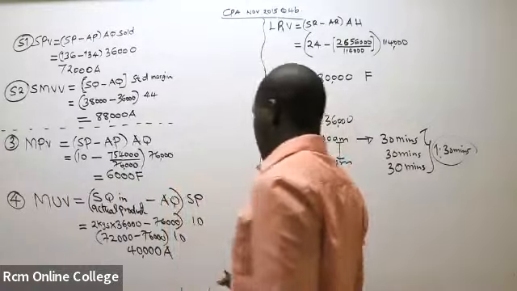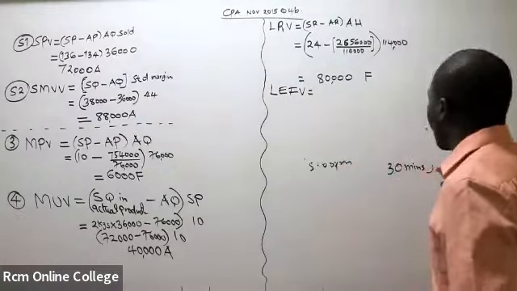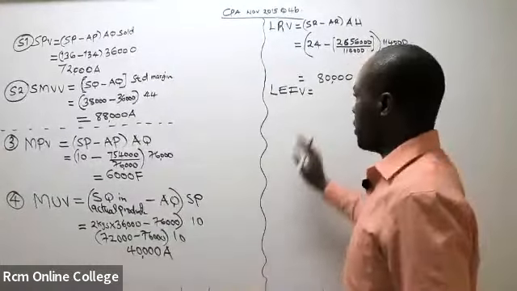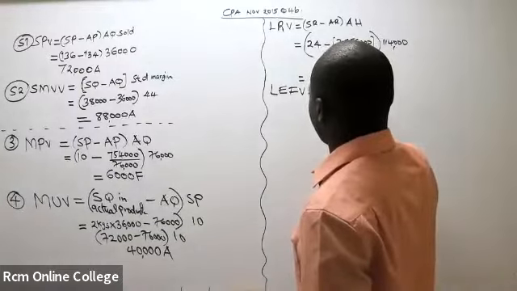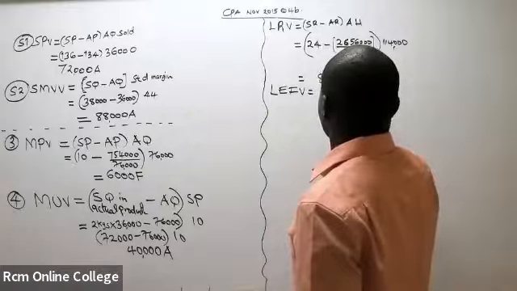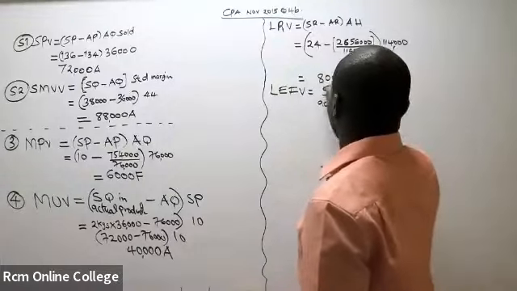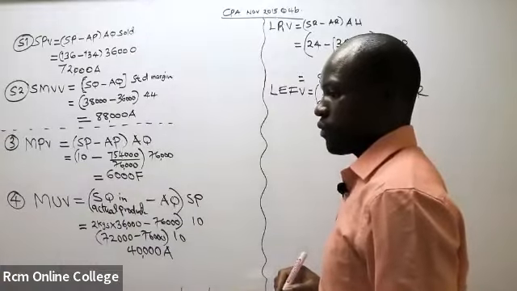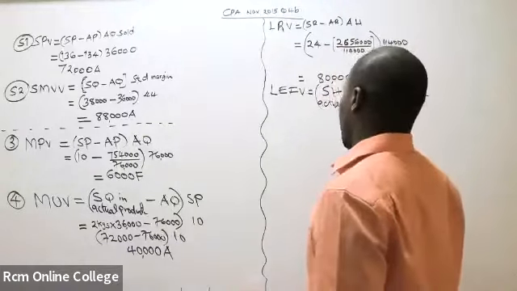How effective is it that the labor paid for is converted into production? So labor efficiency variance is standard hours in actual production minus actual hours, multiplied by standard rate. That is what we need to take care of.